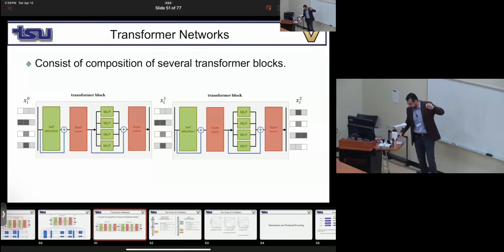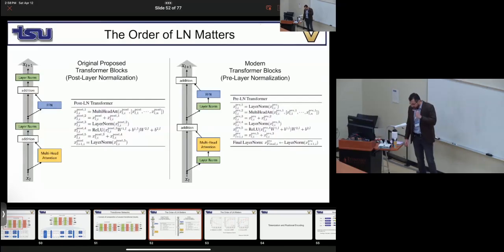The beautiful thing is that since 2017, this architecture has not changed much. It's more or less exactly the same thing that you're seeing here in all the transformer networks, with one minor change. The change comes from a paper that says it really matters where you put your layer normalization. The original paper said the layer normalization must be done after the attention. These authors questioned that design choice and asked what would happen if we put layer normalization before multi-head attention.